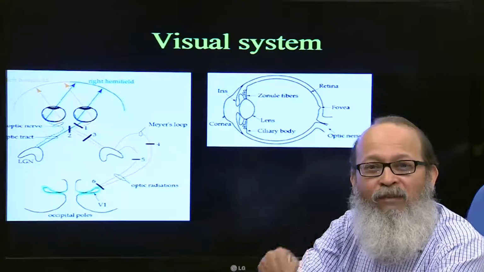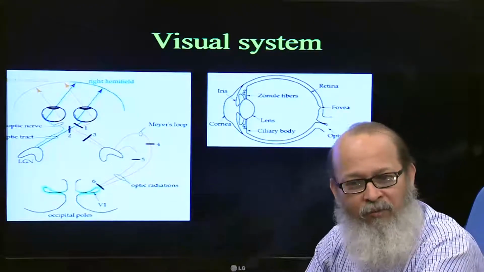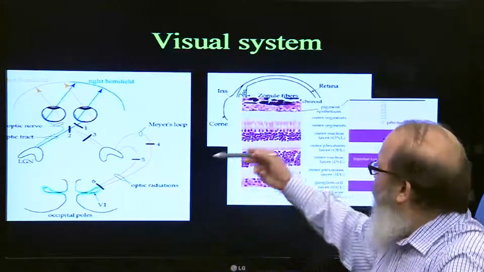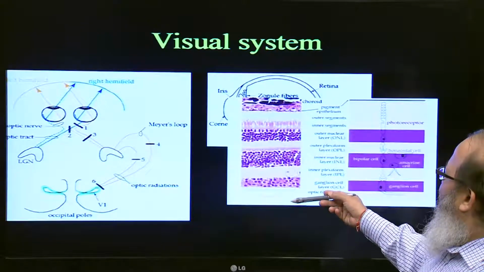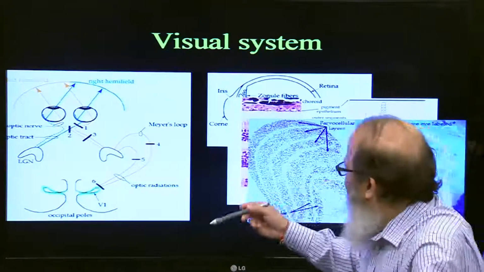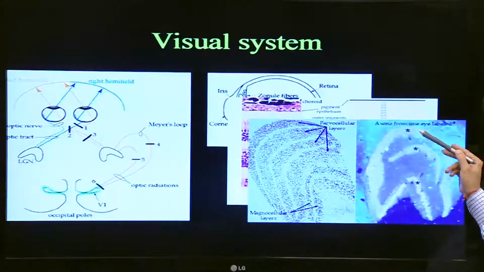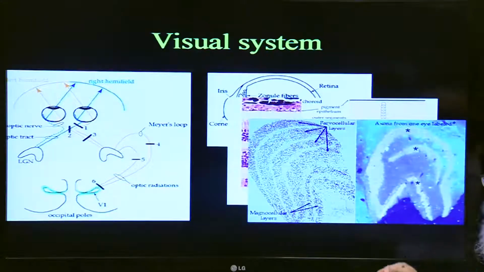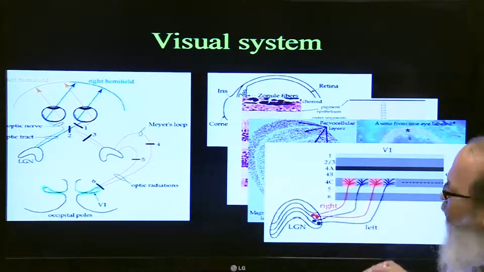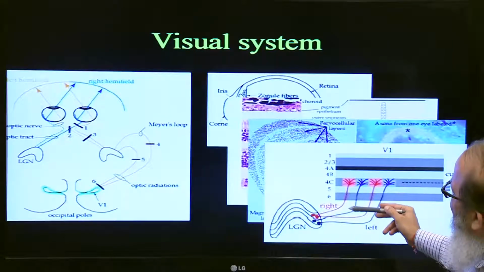So, corticothalamic loops we will talk about when we talk of brain networks. So, the sensation comes into the 6 layers, and as I said, axons from one eye are labeled, and this is how it is presented.